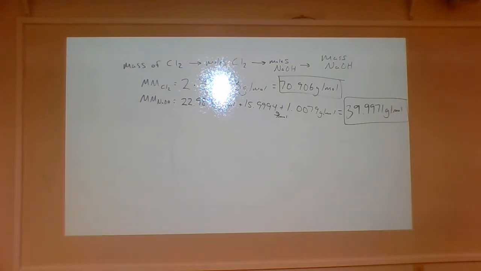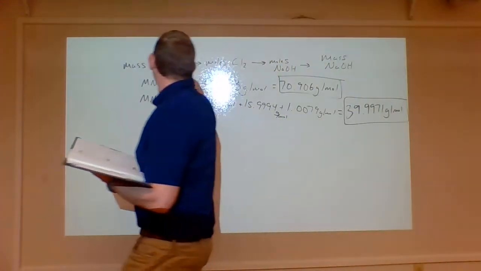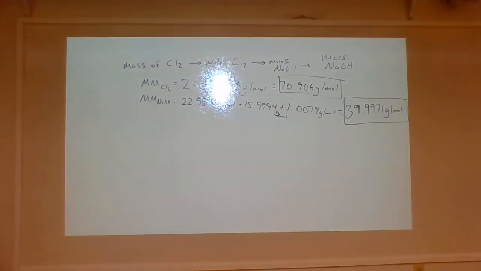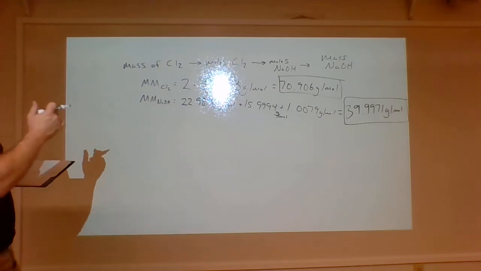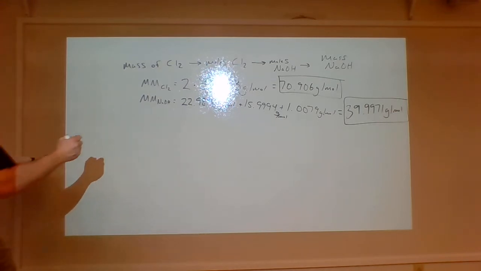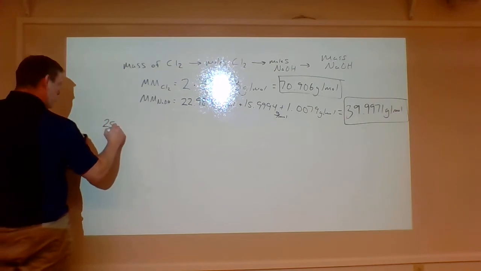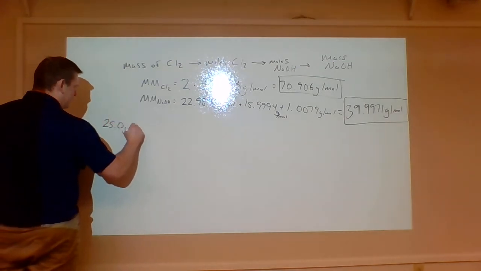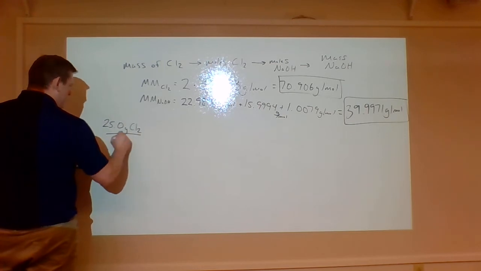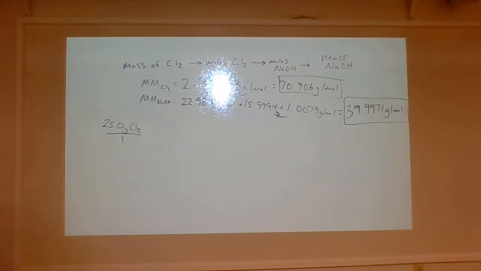Okay, so now we need to convert our mass of Cl2 to moles of Cl2 to moles of NaOH, then to mass of NaOH. We always start with the measured quantity first. Our measured quantity in the problem was 25.0 grams of Cl2 gas to start with.